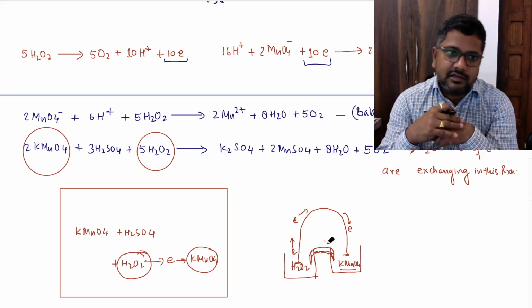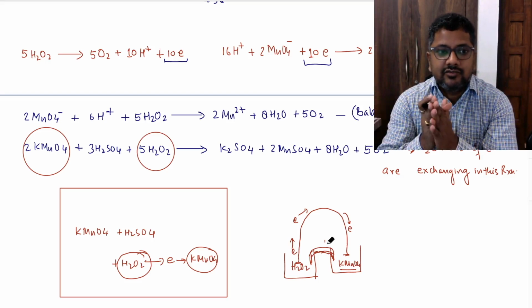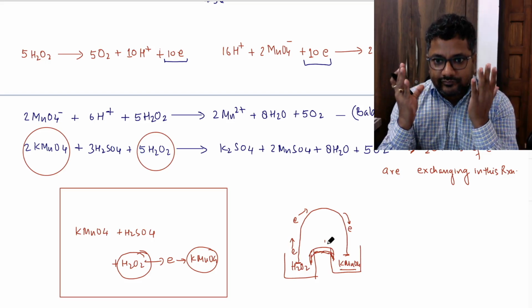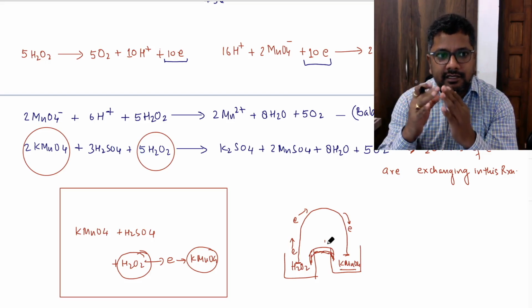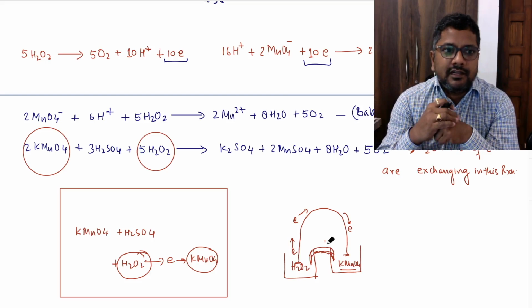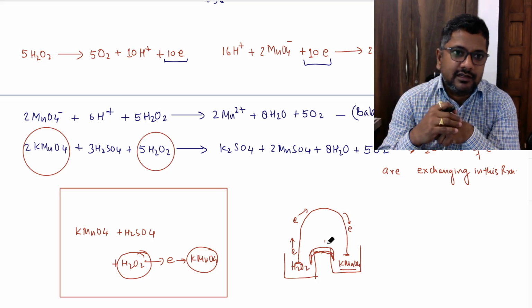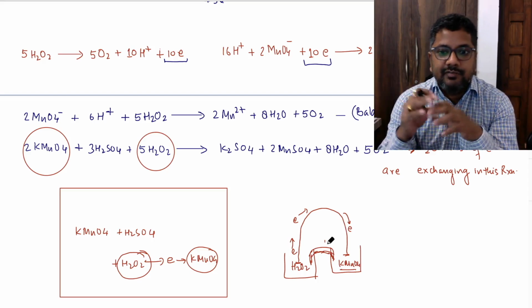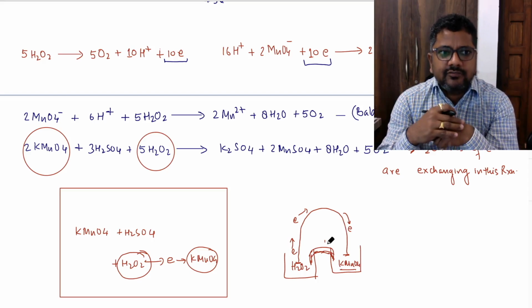So this is the concept behind this. The chemical reactions are exploited in a customized manner, so that we can convert chemical energy into electrical energy. So this is the basic theme, and this is the definition of a cell as well.